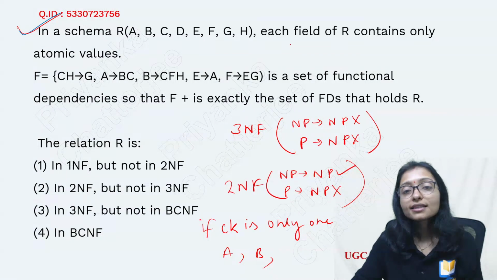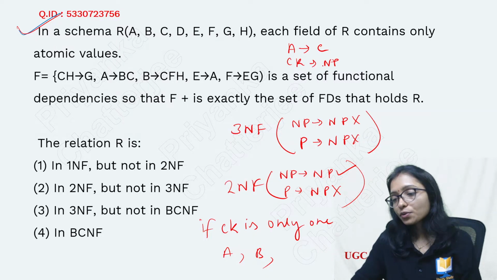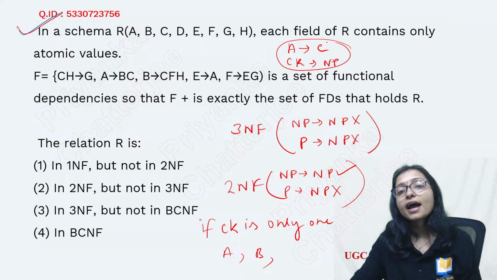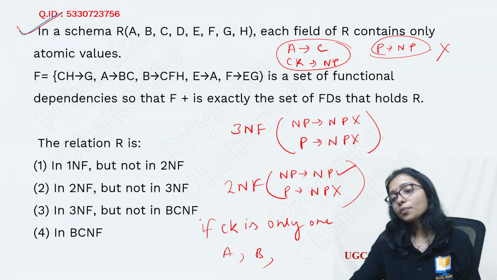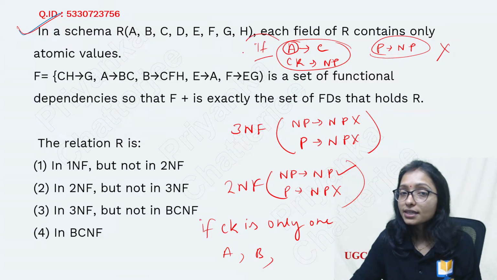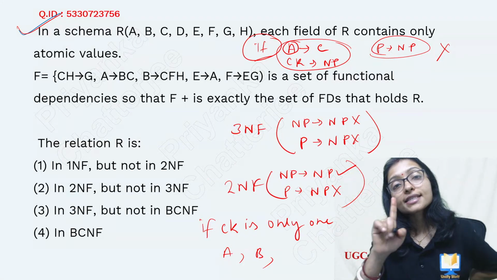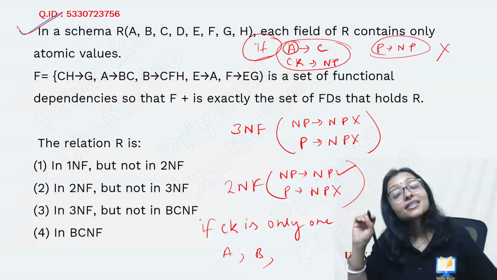Then if A implies C, where A is a candidate key and C is a non-prime attribute, don't say it is prime to non-prime. It is not. This is a full candidate key. If only a single attribute is creating a candidate key, it is in BCNF.